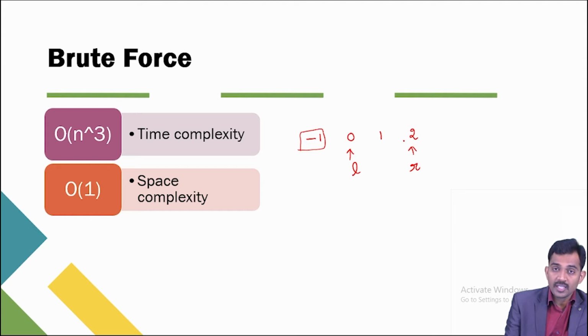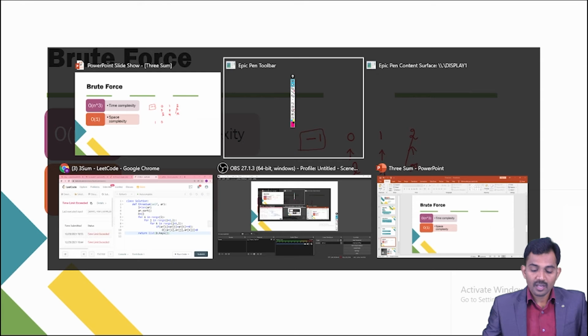The values go to increase or decrease? It's increased. So the value is -1 plus 2, the value is 1, but the target is 0. The value is high, so when the value is high, simply you need to reduce your pointer. So you reduce this one, it comes to here, R. Then -1, 0, 1. The result is 0, right? When it is 0, try to store the data. Let us see how to solve this problem.